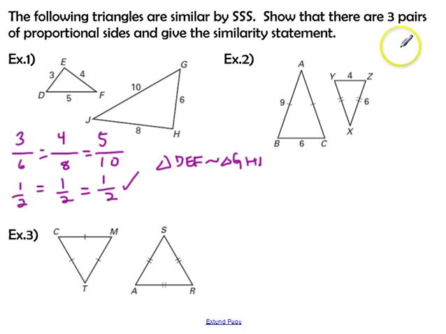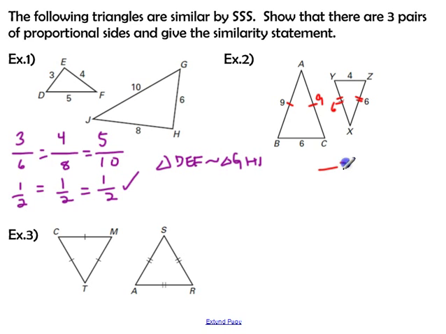And then we take that same idea into example 2. Now, these are isosceles triangles, so remember, these sides are going to be the same, which means this is 9. These are going to be the same, which means it's 6. So really this one we just have to test the two different side lengths.